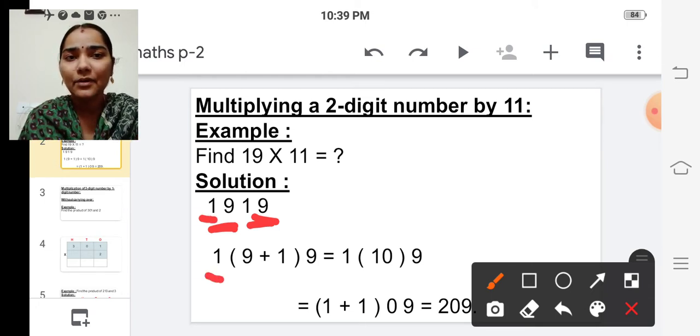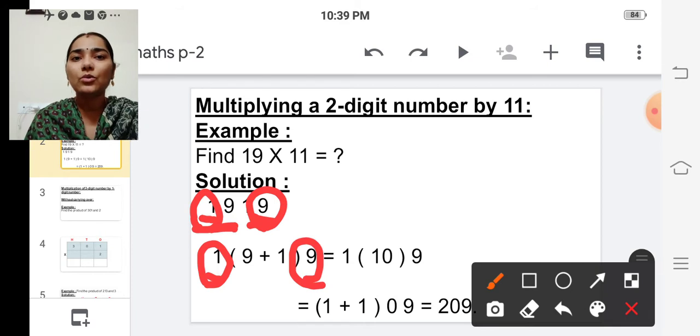In the next step, write the first number as it is and the last number as it is, and we are going to add the digits in the middle place. Here 9 and 1 are there, so we are going to add this 9 and 1, that is 9 plus 1.